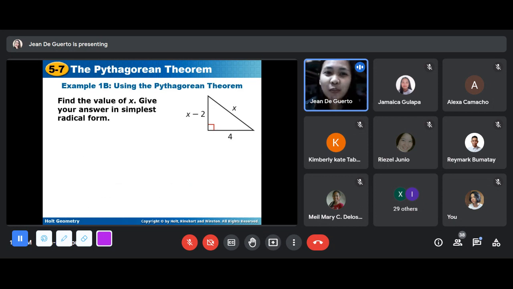Example 1B. Using the Pythagorean theorem, find the value of x. So this time, dalawa yung unknown values natin. Yung x, which is the hypotenuse, tama? Tapos yung x minus 2 is one of the legs.